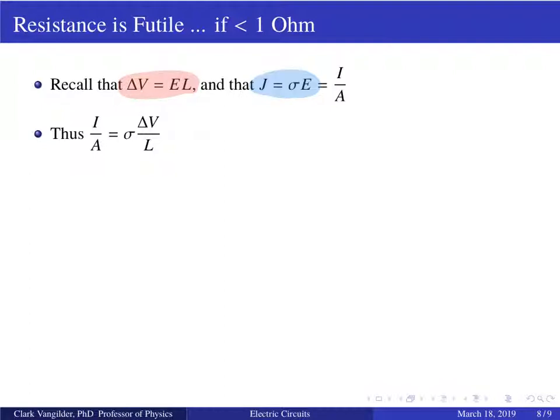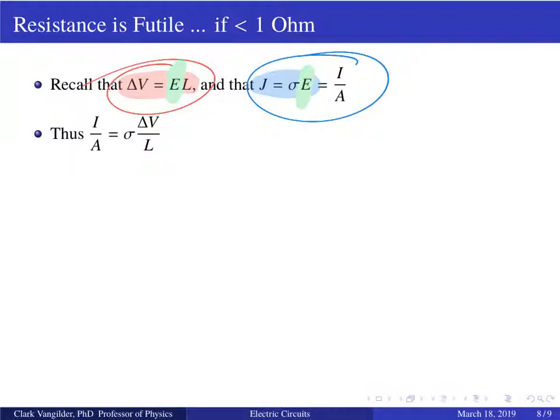So we can take these two things, the new thing that we developed today, the old thing that we developed weeks ago, and we put them together because they're related by the electric field. So literally what we have here is basically solving for the electric field.